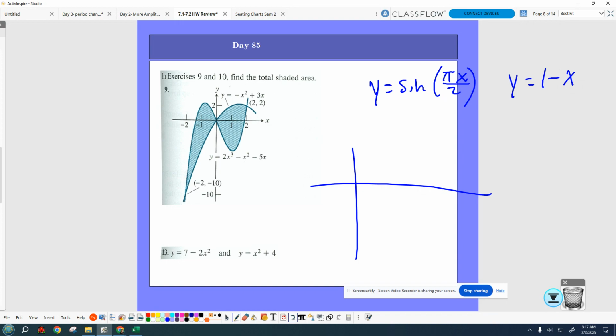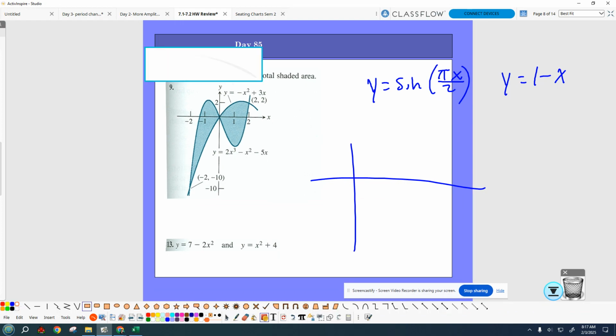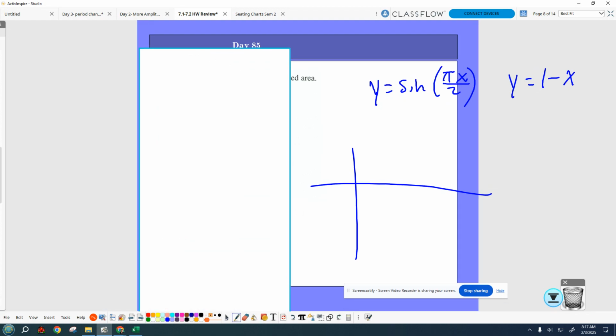You guys remember how to graph sine pi over 2 x? We will do some trig reminders. What's the amplitude of the trig function? 1. What's the period of this trig function? 2 pi divided by the b value.